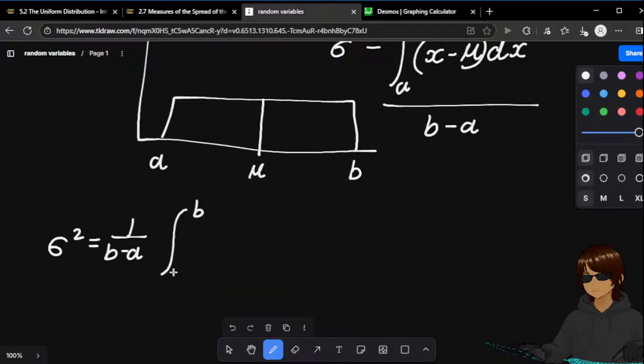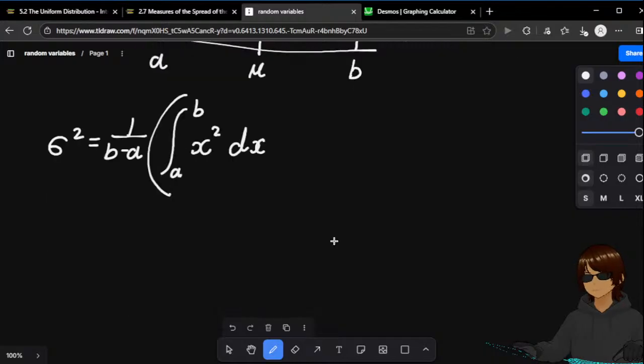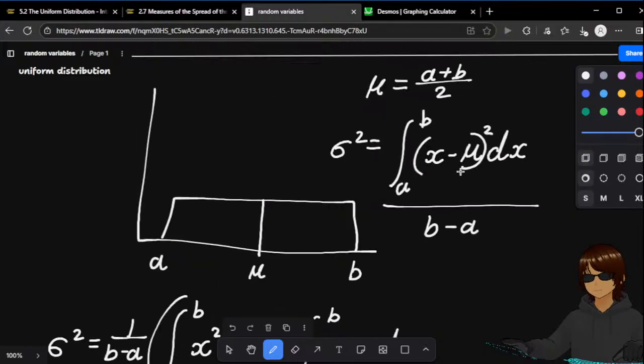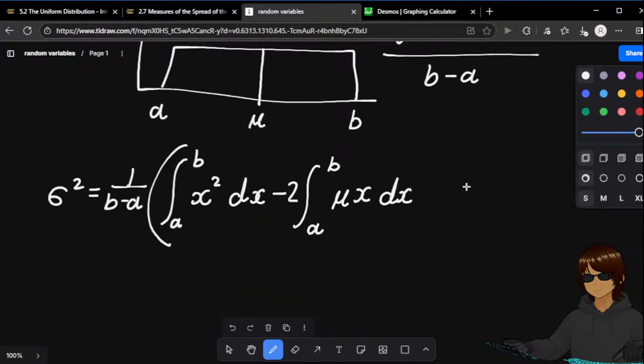Or maybe I can just expand the x squared. x squared minus 2 mu x. Would this make sense?